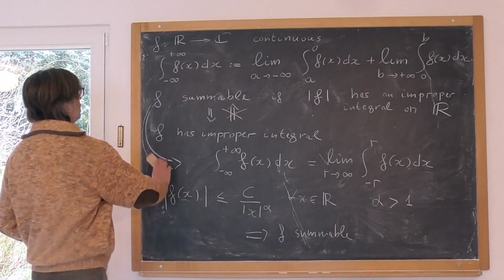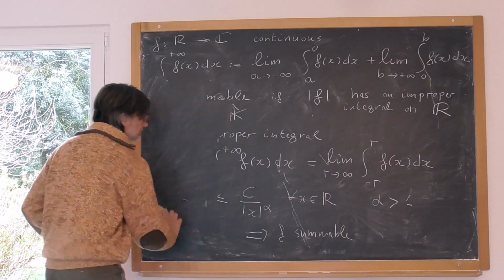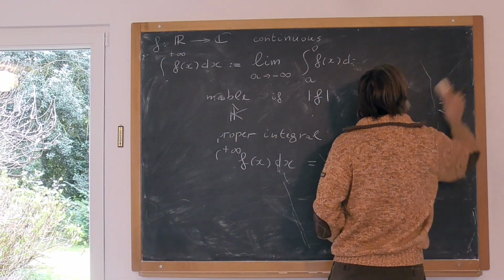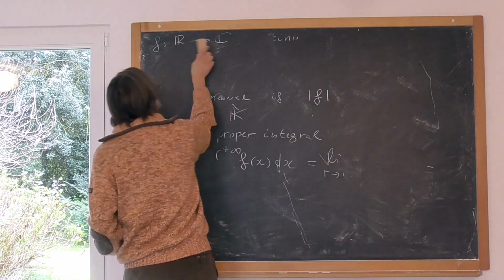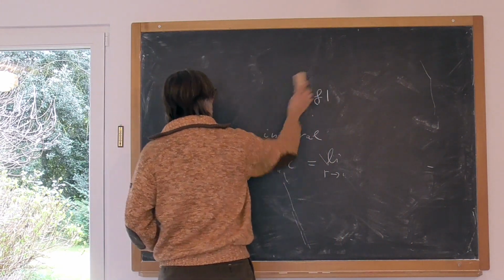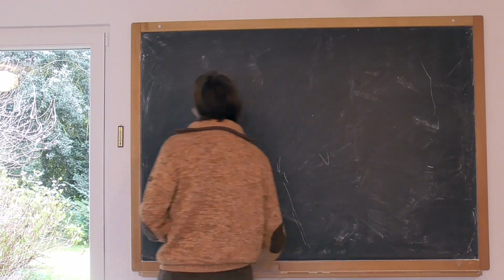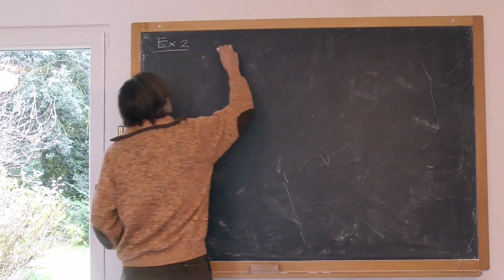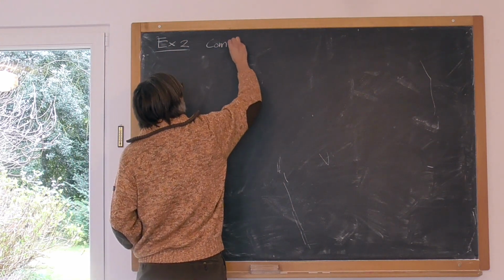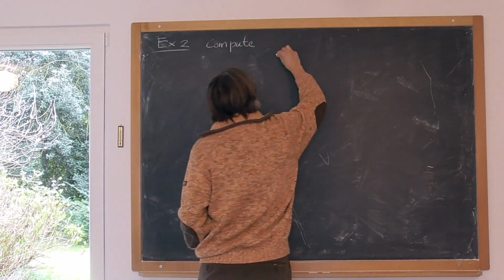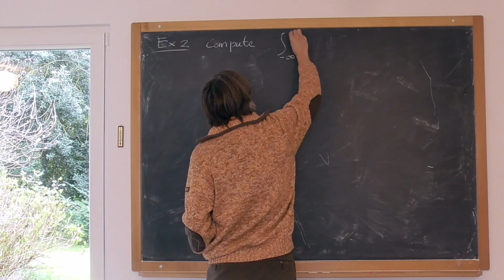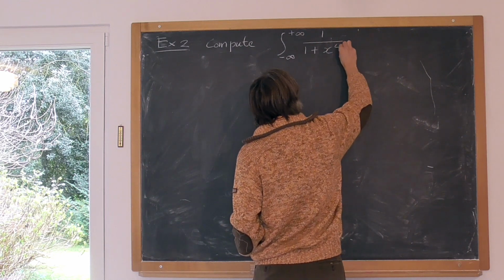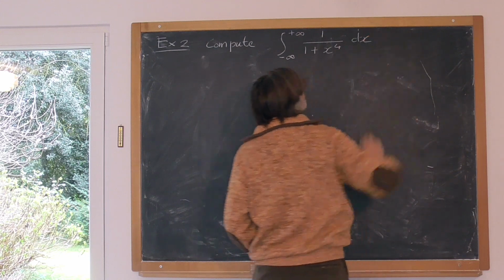After reminding you about these facts, let's deal with our example 2. In example 2, we would like to compute the integral between minus infinity and plus infinity of the function 1 over 1 plus x to the power 4 in dx.